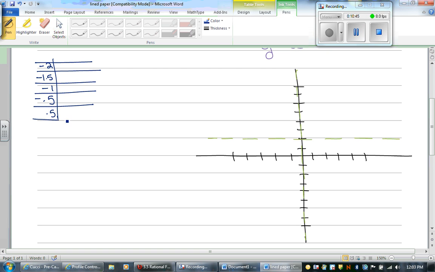We know we don't need 0 because it's undefined there. 1, 1.5, and 2. Now the easiest way to do this would be to pull up a table on your calculator. For the sake of time, I'm just going to put those values in. And again, like I said, you could put these into your calculator and figure out what those values are.